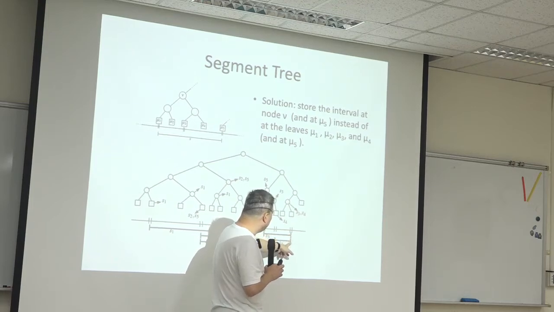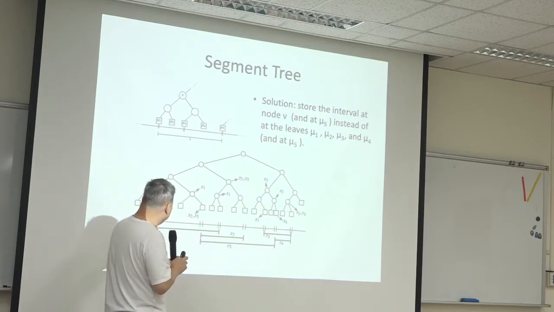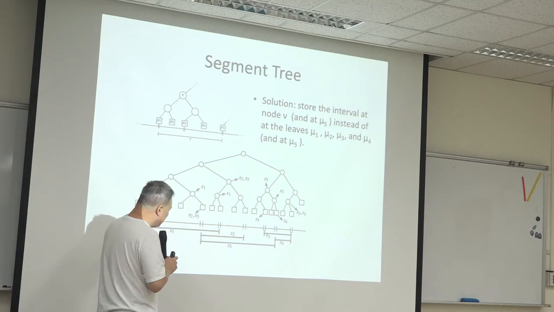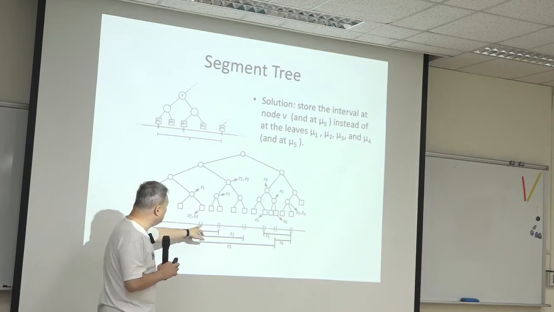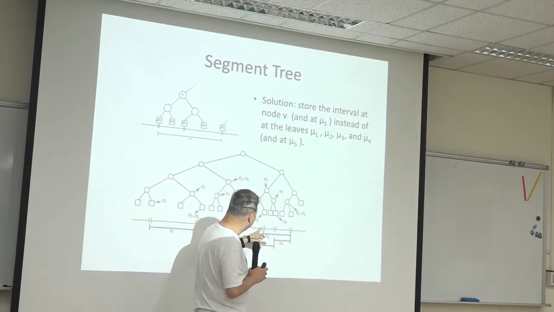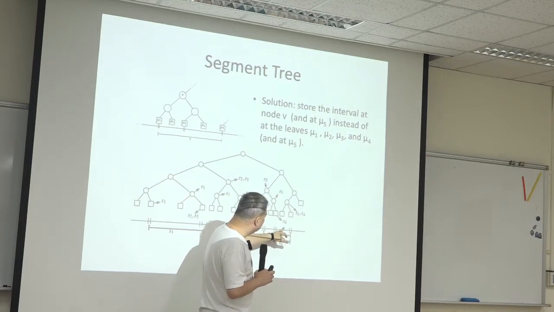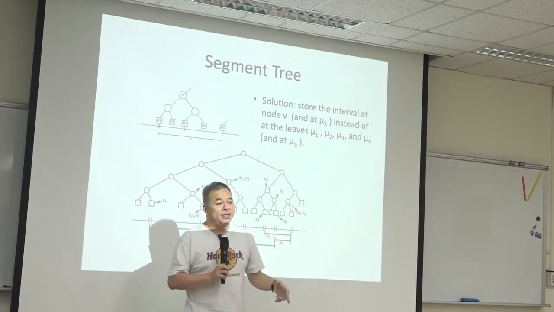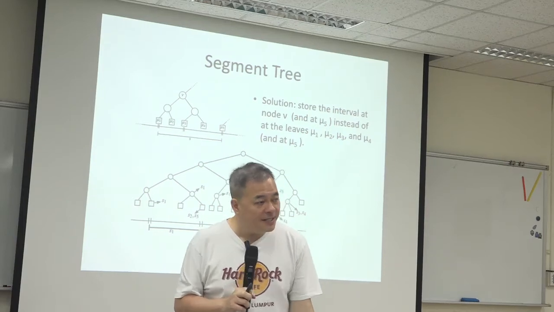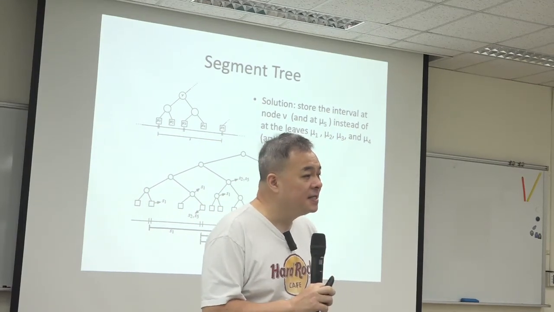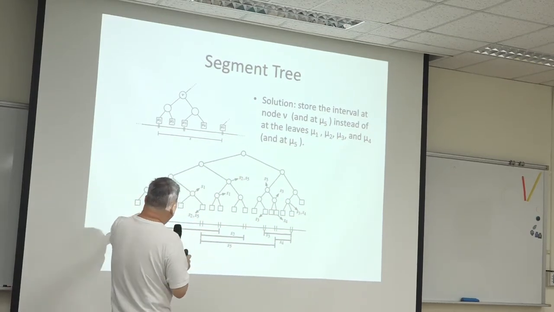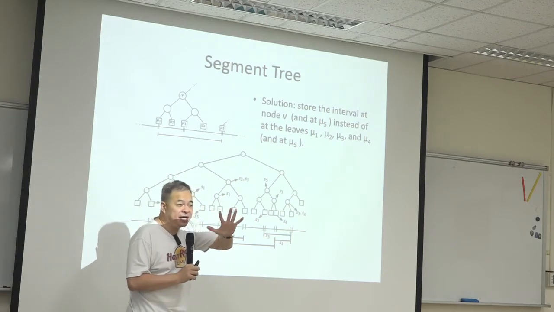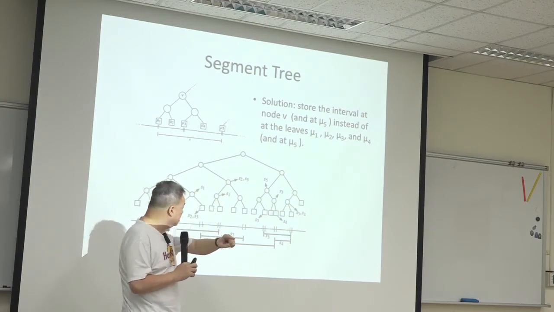Because we have this many endpoints, they partition the real line into 1, 2, 3, up to 15 elementary intervals, right? So we will have exactly 15 leaf nodes.